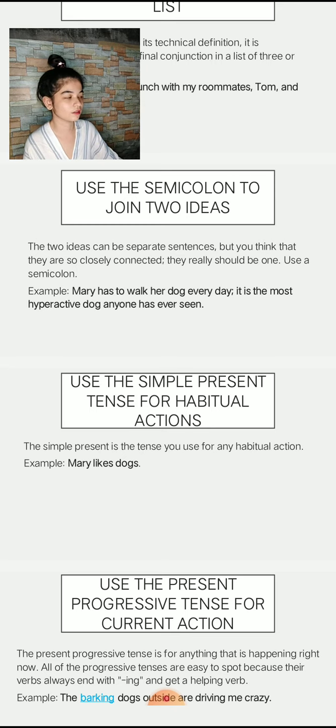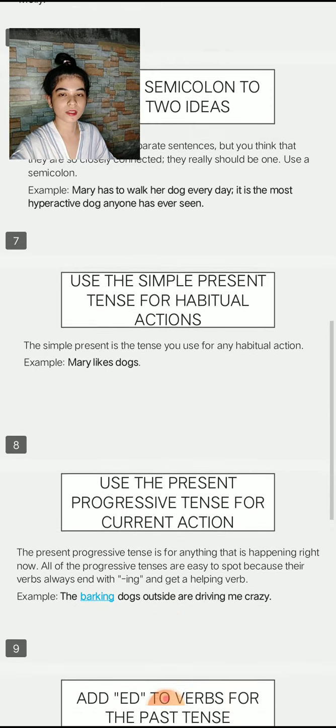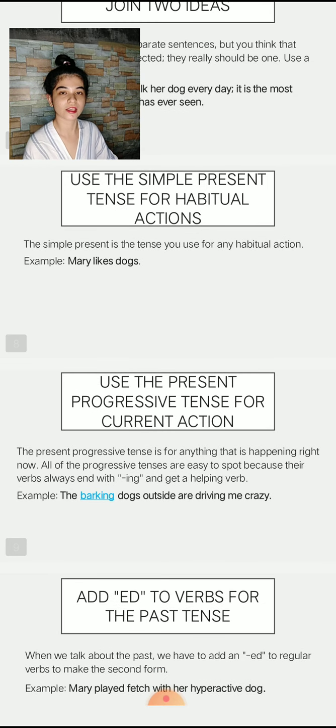But since there are two, they should be connected, so we use a semicolon in the sentence. Next is to use the simple present tense for habitual actions.